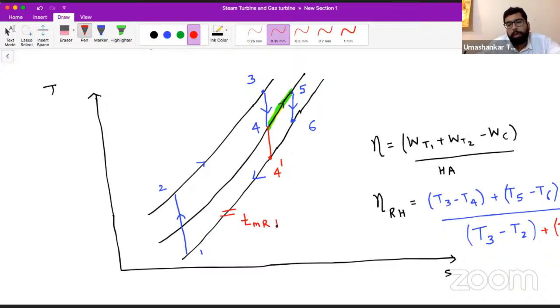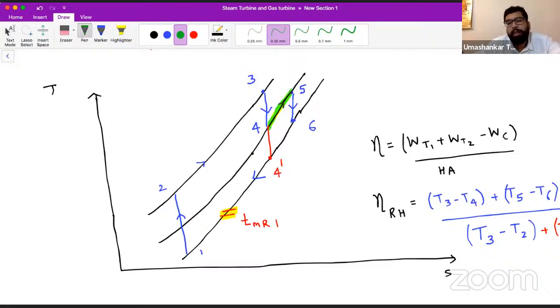Because as I told you in the previous session also, we can see our mean temperature somewhere in between the 2 points. Mean is the average. So if you are doing the average of 2 points, you have to be somewhere in between those 2 points. So between 4-1, we are somewhere here. So this is the mean temperature of heat rejection of the cycle without reheater.